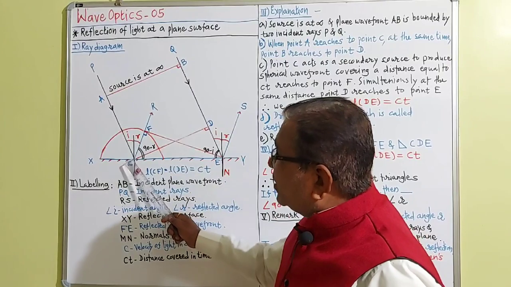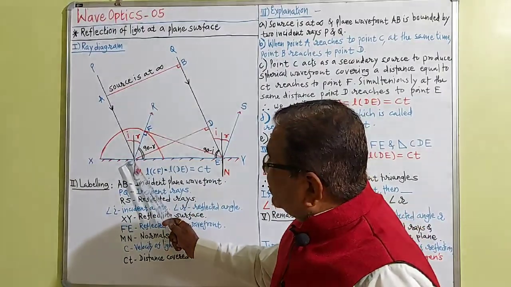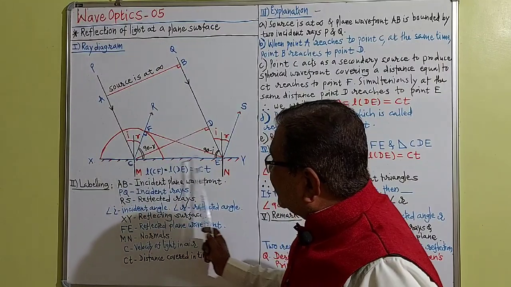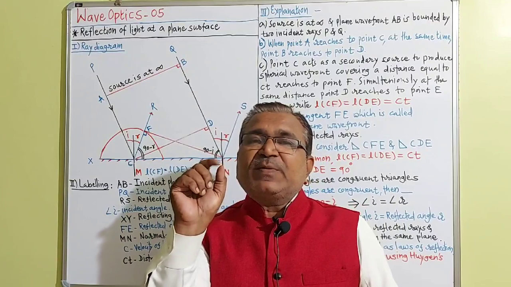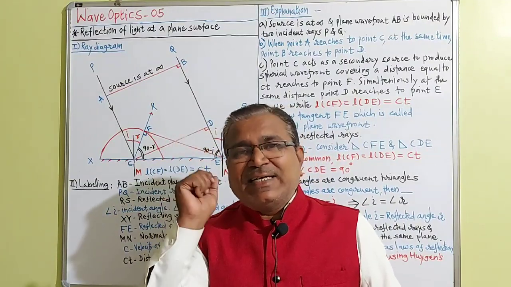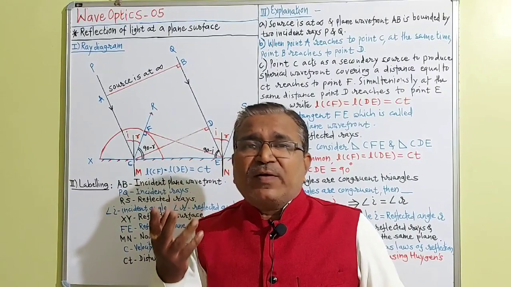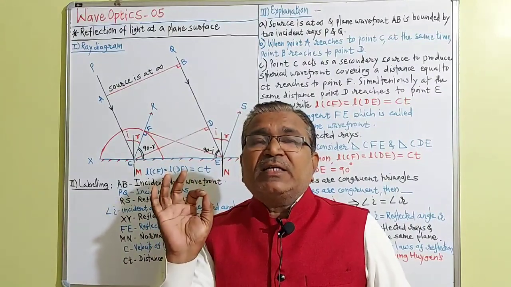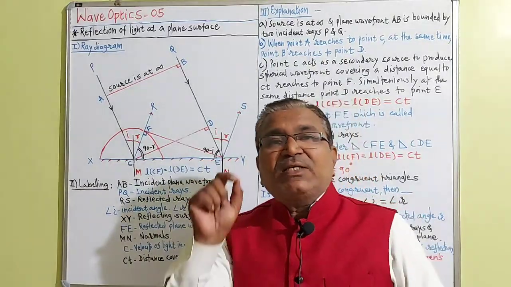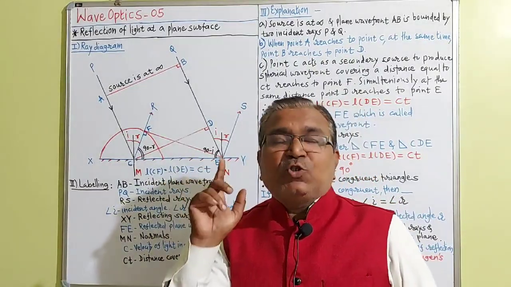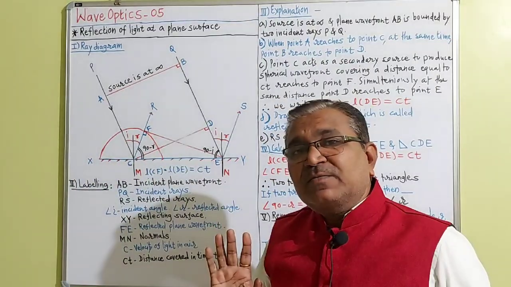I will repeat: as soon as C touches the reflecting surface XY, according to Huygens principle, C acts as a secondary source, sending out secondary waves in the forward direction, covering a distance CF equal to CT, to produce a spherical wavefront.